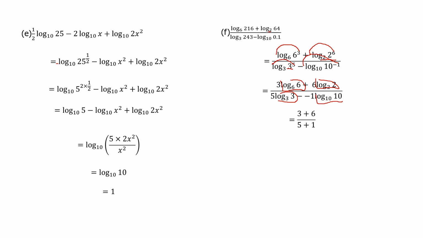So we shall be left with 3 plus 6 divided by 5 plus a 1. Remember here previously we had a negative times a negative, and those ones we said they will become positives. We get the answer as 9 all over 6, and when you reduce it, we have 3 all over 2.